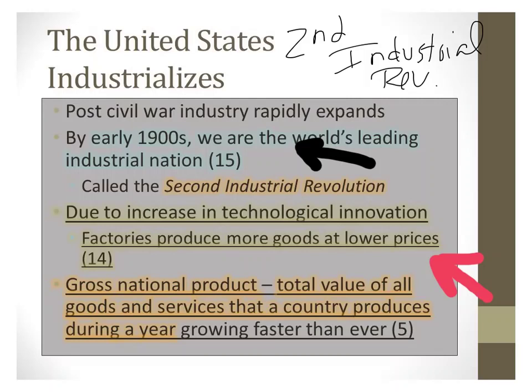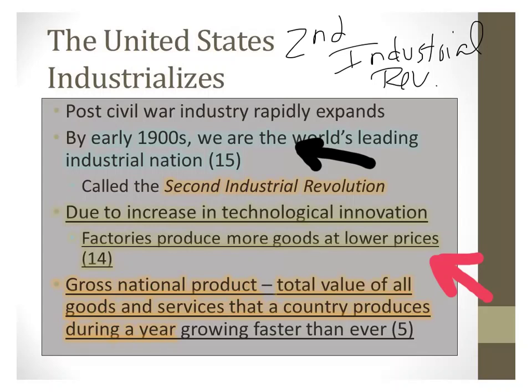The end result of this is going to be our nation having the largest ever and really fastest growing ever gross national product. And you can see that there in the last bullet on this slide.